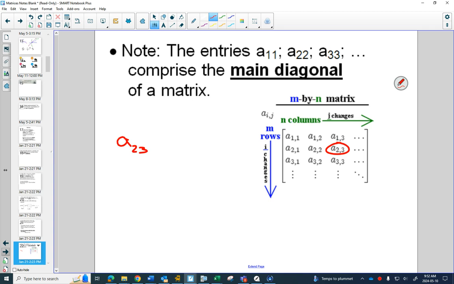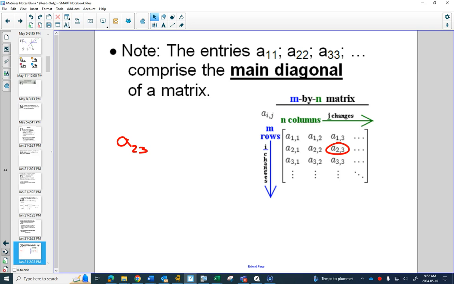Okay? Oh, and we like to use I for the rows and J for the columns. And then we call the numbers on the diagonal, the diagonal.